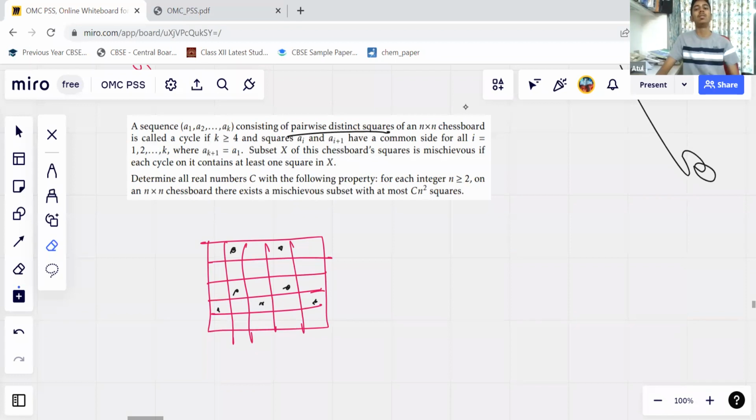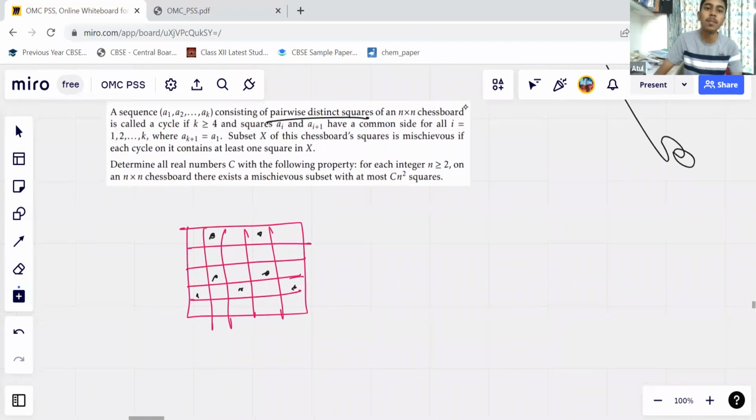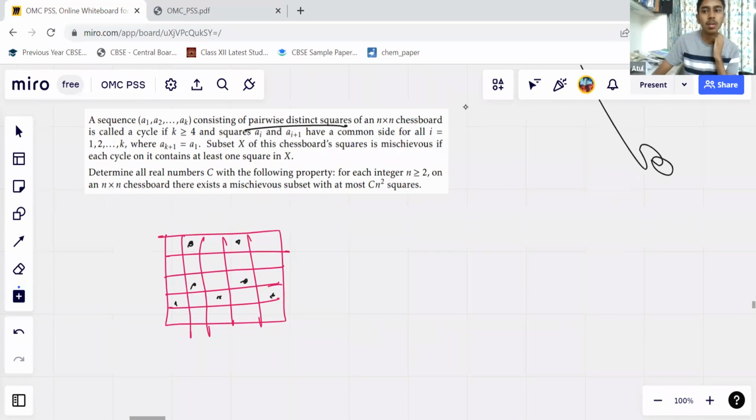Yeah. Okay, that's interesting. Because it looks like you don't need too many of this stuff to prevent cycles. Okay, interesting. Maybe this is actually a graph theory problem after all.